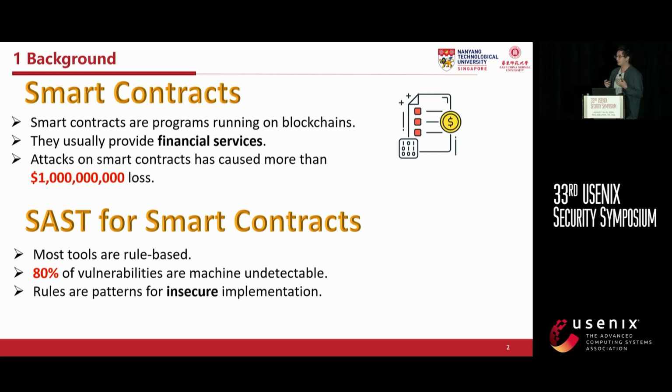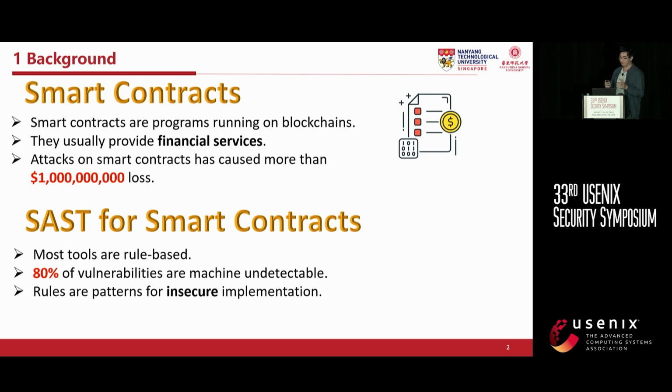But another study has found that about 18% of the real-world vulnerabilities in smart contracts are machine undetectable, which means that they cannot be effectively detected by the SAST tools. The reason is that most of the vulnerabilities are related to the business logic, and the SAST tools cannot understand the business logic.